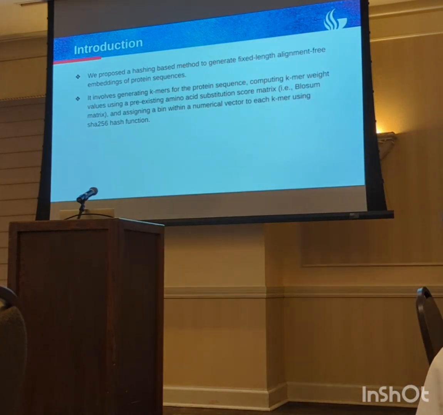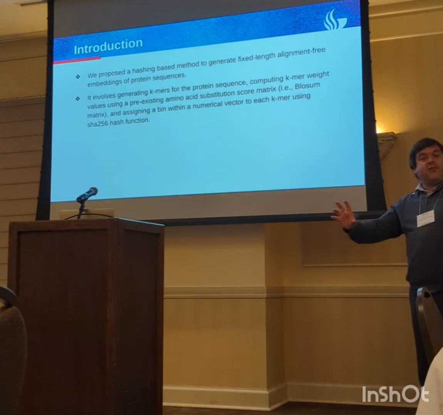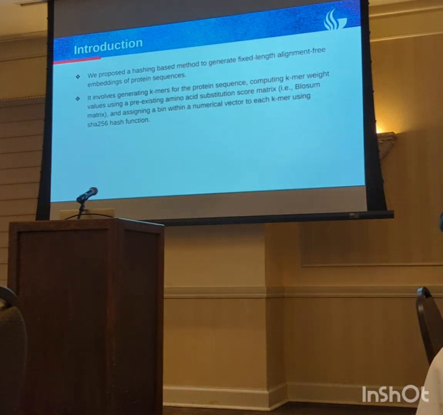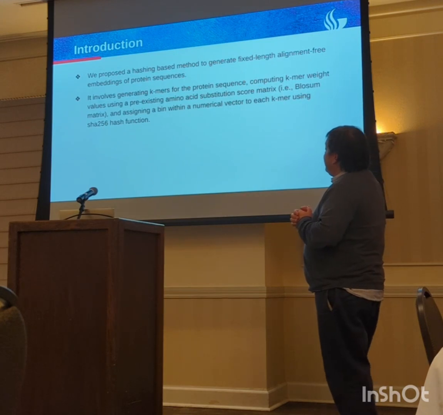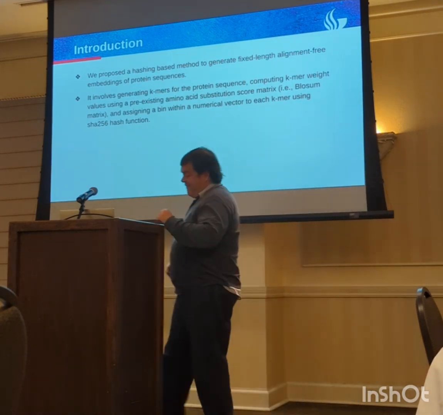That's how it's alignment free, because we're just generating the k-mers. Then we compute weights for these k-mers, and build a weighted frequency vector based on a hash function. I'll go into all of this in more detail as we go.